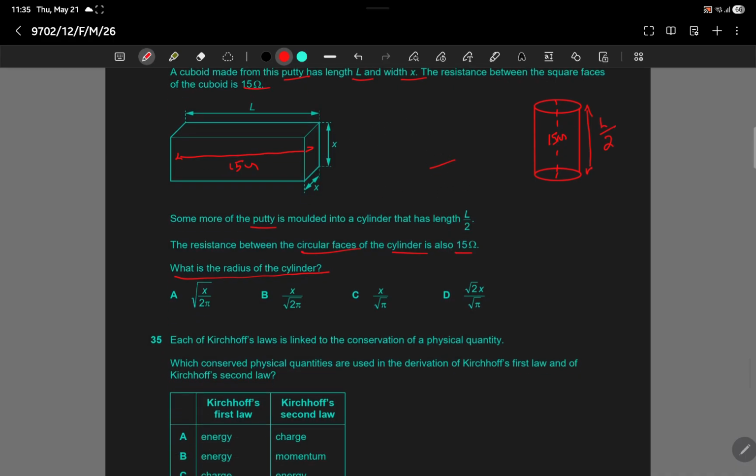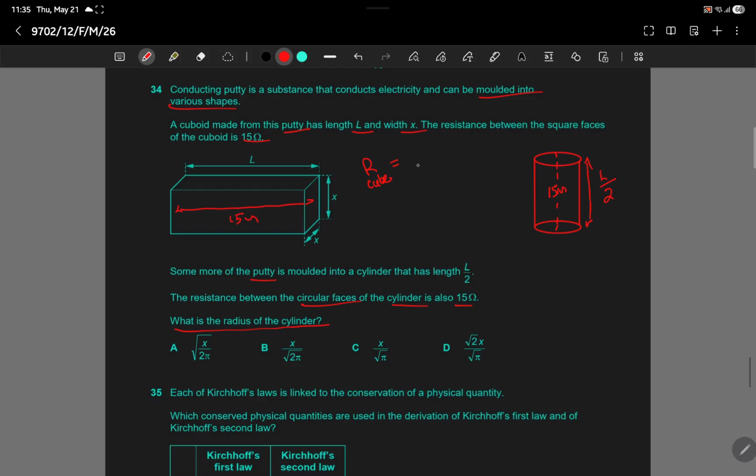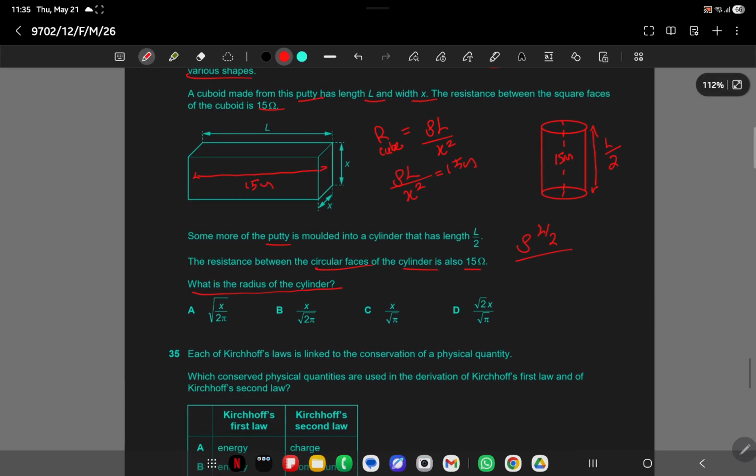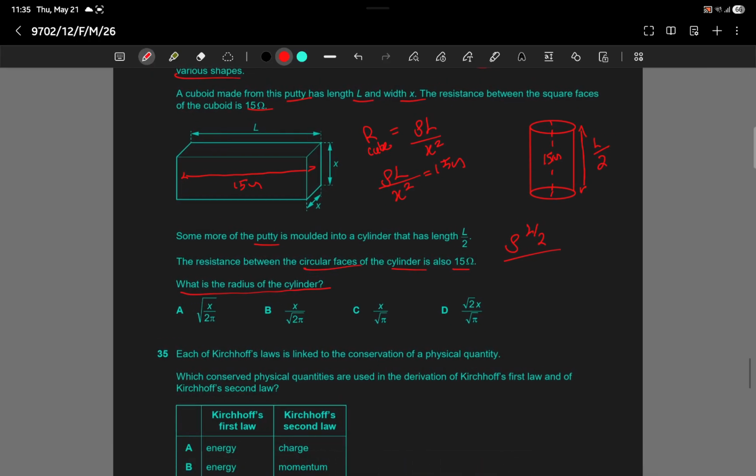So let's first find the resistance of the cube. The cube should be rho L by x squared. That means rho L by x squared is 15 ohms, while for the cylinder, rho L by 2 by the area, let's say 2 pi r squared, is 15 ohms.